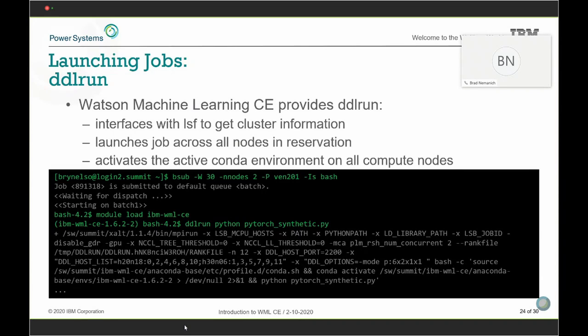And then we see here the output. The DDL Run tool will actually show the full output of the full command used to launch the job. And more advanced users, or users who want to do something more interesting, can take that command and tweak it to do what they'd like. That's the main reason we provide the output of that command.